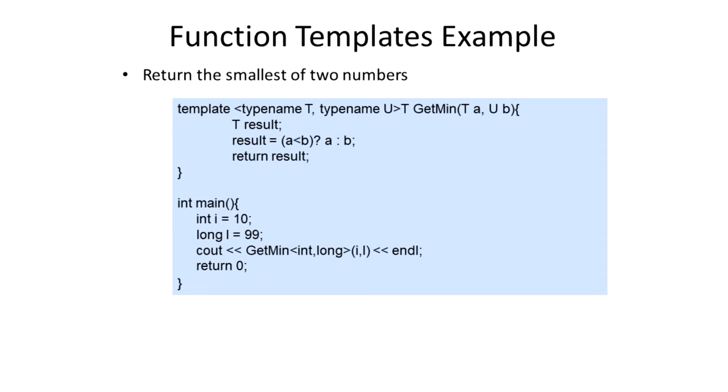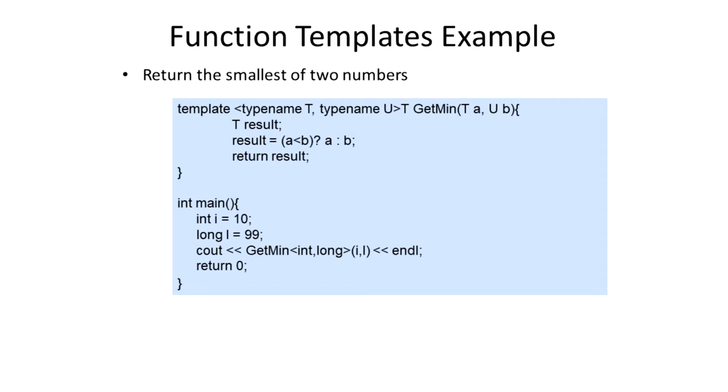Now, if we have a look at the function signature, which so happens to be on the same line, although it could also be on the line below as we typically see it, but it works both ways. Notice that the first instance of T immediately before the getMin function name is the return type. And then we have the parameters.